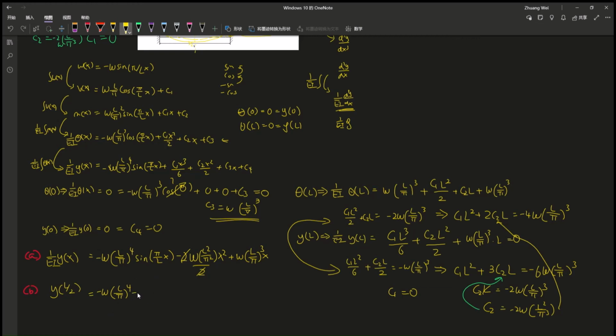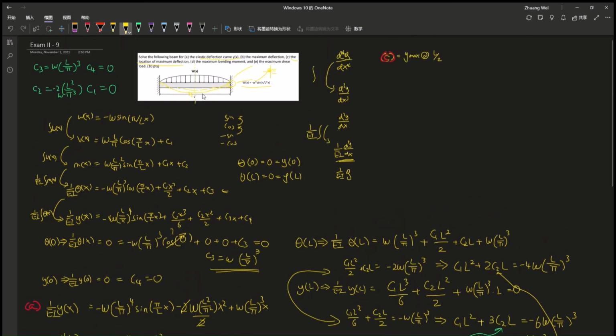And minus pi squared times L squared over 4, right? And let's keep going, plus W pi L over pi to the power of 3 times L to the power of 3 over 2 cubed, which is 8, over 8. Okay, and then I'm pretty sure this is the answer.